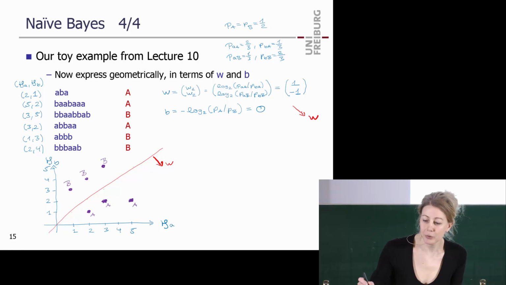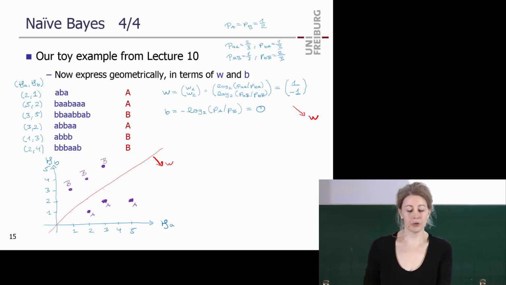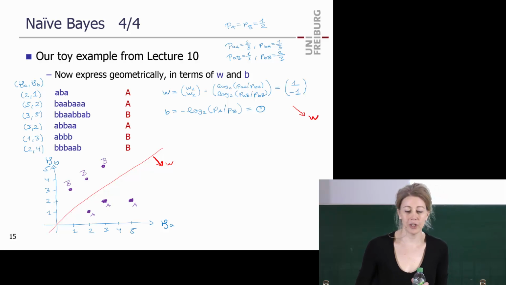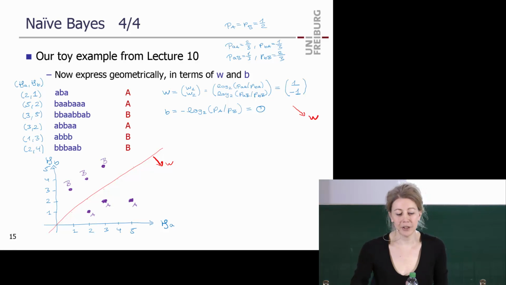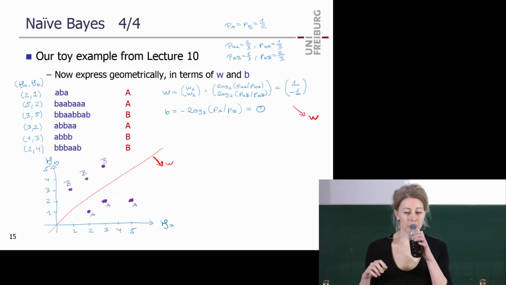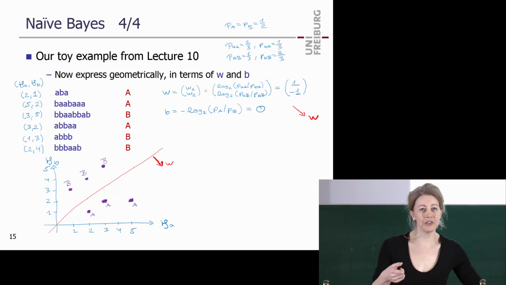Because if I have w times the 0 vector, and this is 0, it means it goes through the origin. So this is what naive Bayes will do in this case. This is the geometric interpretation. Yeah, and in this case, the data was linearly separable, and it actually found this thing here in the middle. Yeah, and this is what you have to prove in general, independent of a picture, independent of a dimension. Any questions about this?